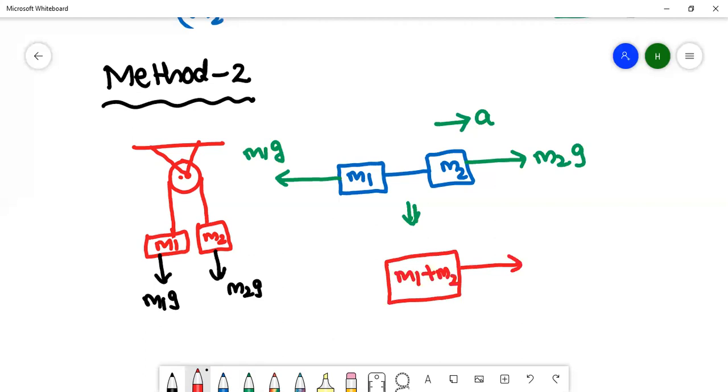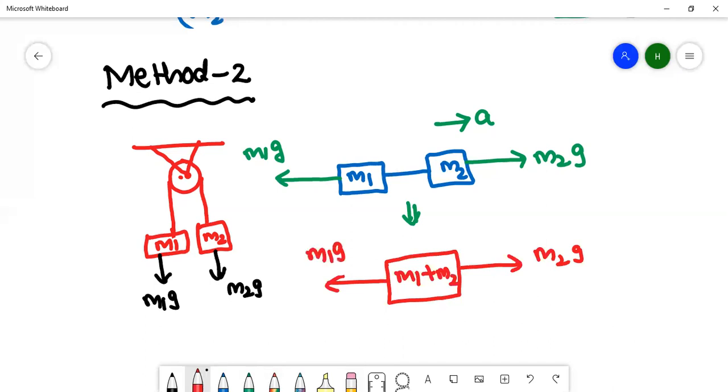So if you take it as a single system, M2G, so M1G, sorry, this is M1G. So I'm going to write the acceleration now.